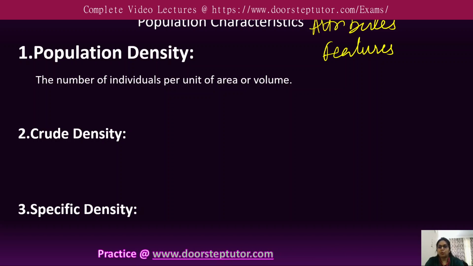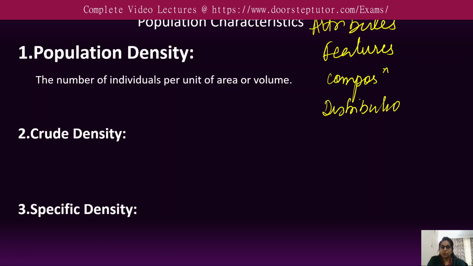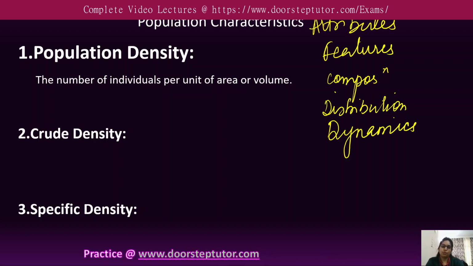These characteristics provide insight into the composition, the distribution, and the dynamics of the population.